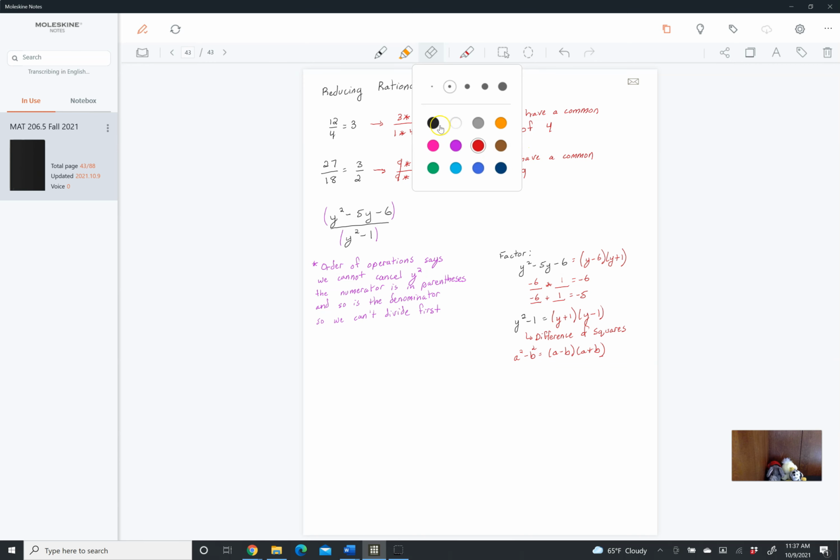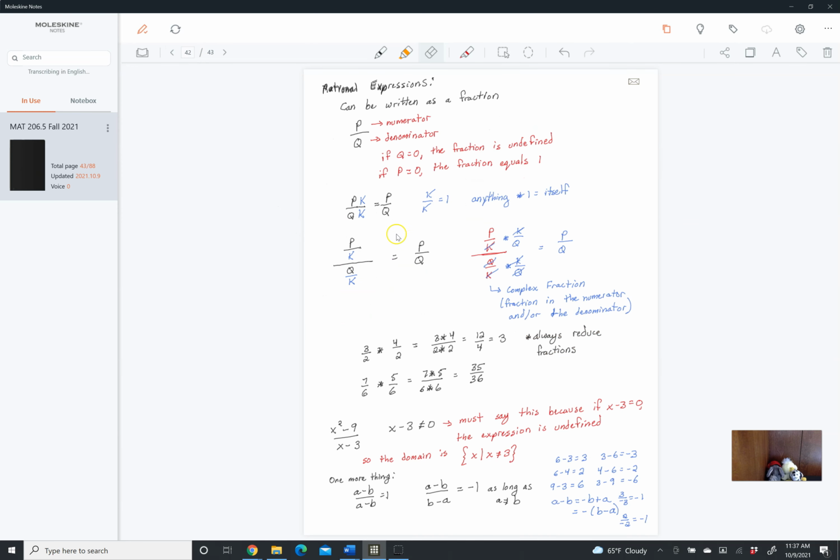Okay, so what does that mean here? What that means is that we can put this in here, y minus 6 times y plus 1. And then on bottom, we have y plus 1 times y minus 1. Well, we know that if we have the same thing on the top and on the bottom, it goes away because it's equal to 1.